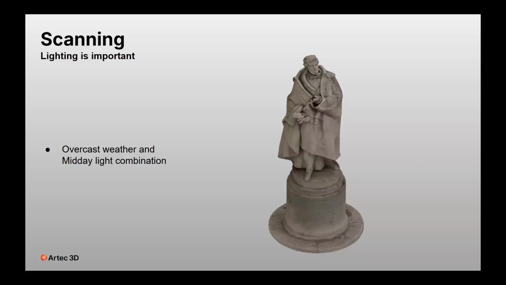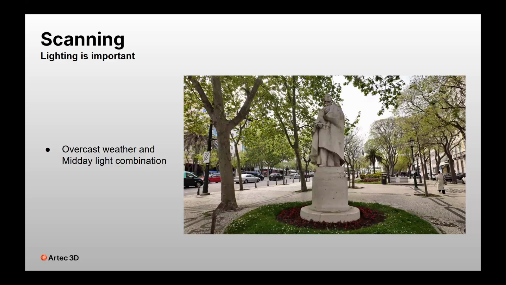But let's say it's not possible to wait for the overcast weather in your case, then you could wait for your whole object to be in a shadow. It's one more technique which can be used in order to achieve an even texture.